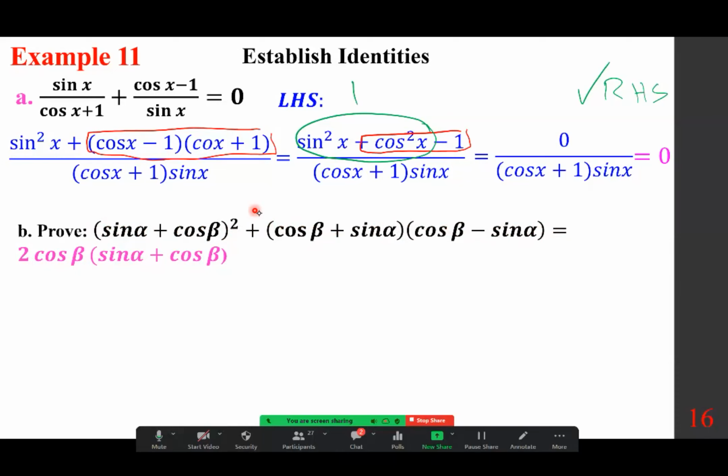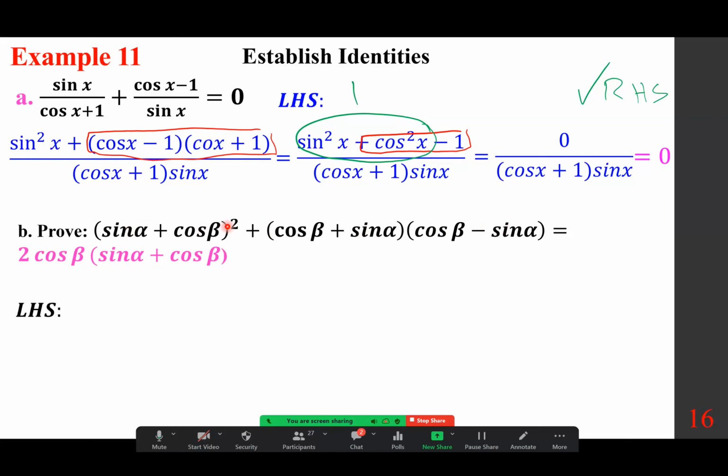The left-hand side is longer. So let's work on that. All right, so let's see what happens on the left-hand side. We're going to start with the left-hand side, everybody.